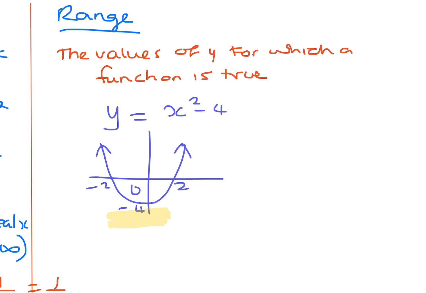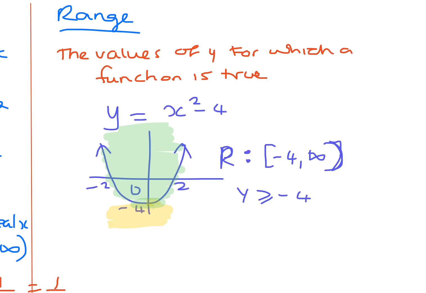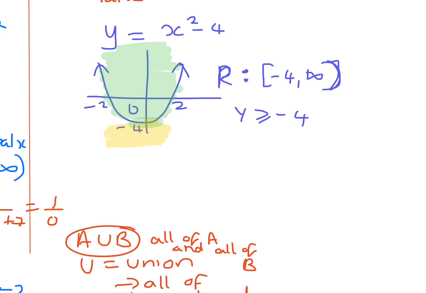There's no graph below here, so there are no y values below minus 4. There are y values at minus 4, and as you keep going up, you've got y values all the way up to infinity. So the range would be from minus 4 up to infinity, but not equal to infinity. In the other form of notation, y is greater than or equal to minus 4.